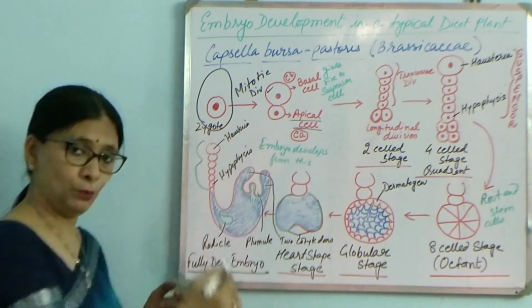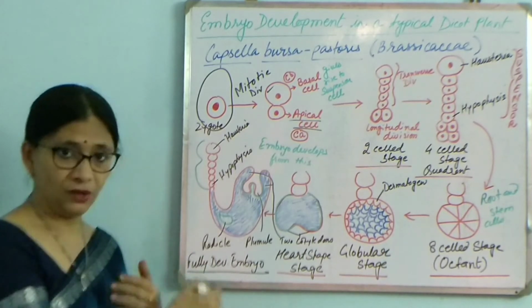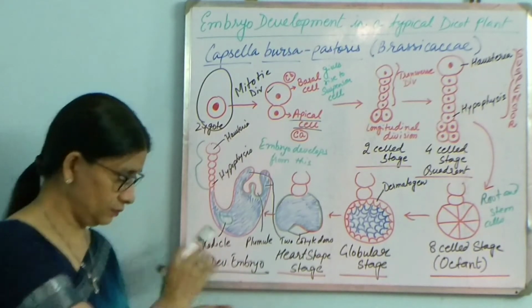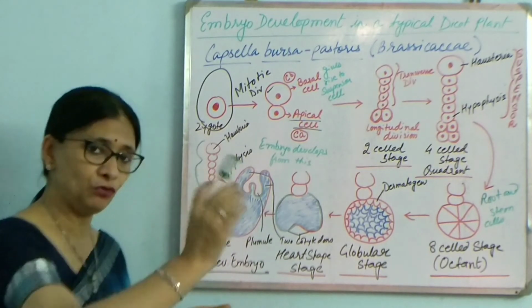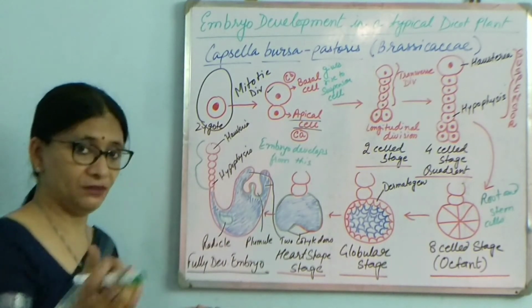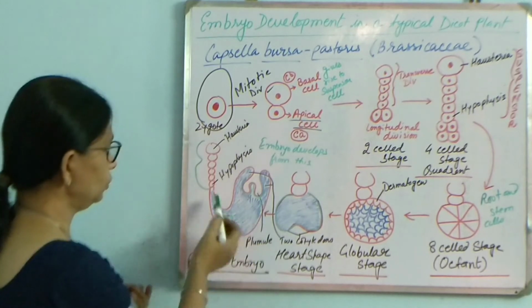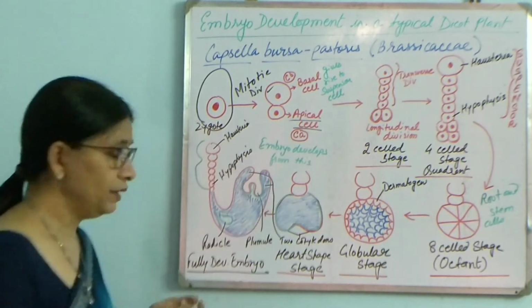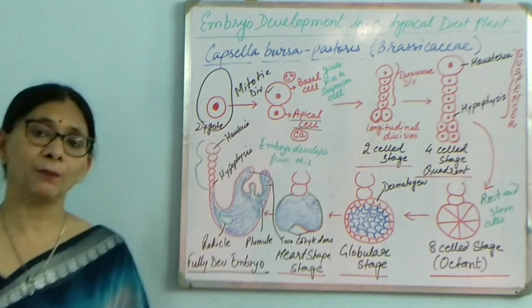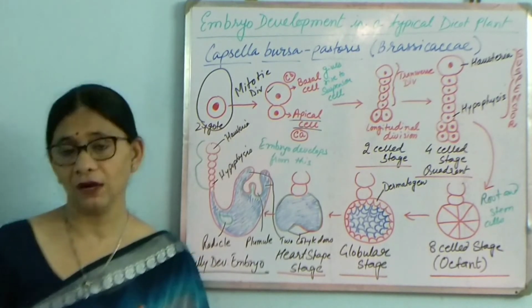Then we will have a plumule and a radicle. If this is kept for further development, then we see the root and shoot coming out, the one which we see in sprouts. And this is the suspensor, haustorium, hypophysis, and then the fully grown embryo. So this is how embryo development takes place in case of dicotyledonous plant.